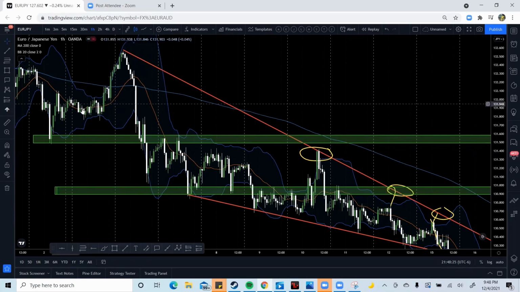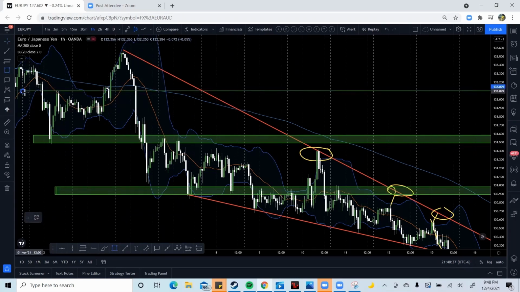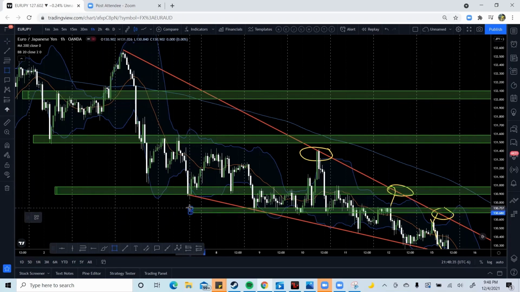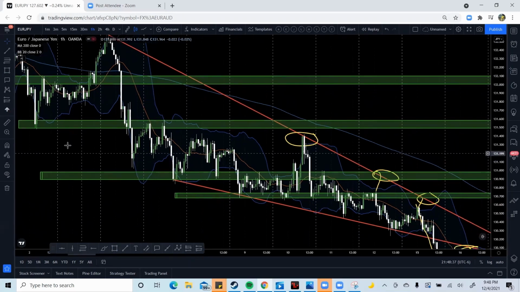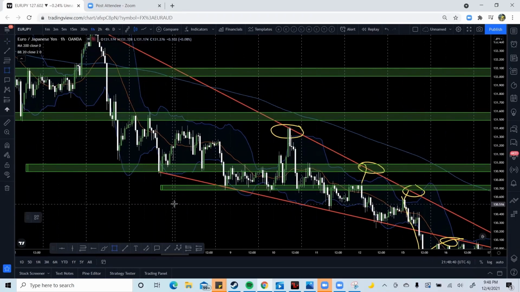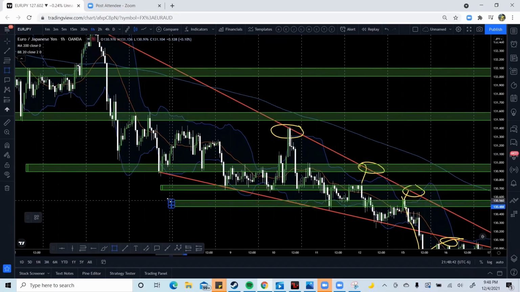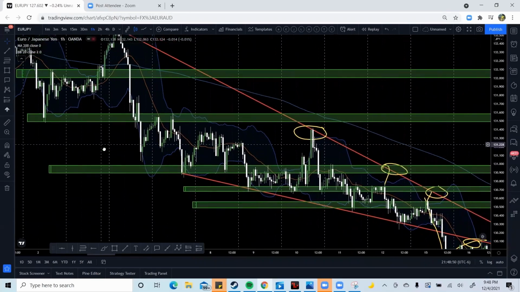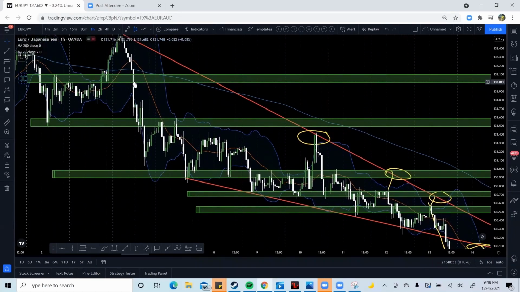So if I was to use multiple levels, price would look something like this. There we go. So as we can see now, there are areas in the market where multiple support resistance lines congregate or intersect.